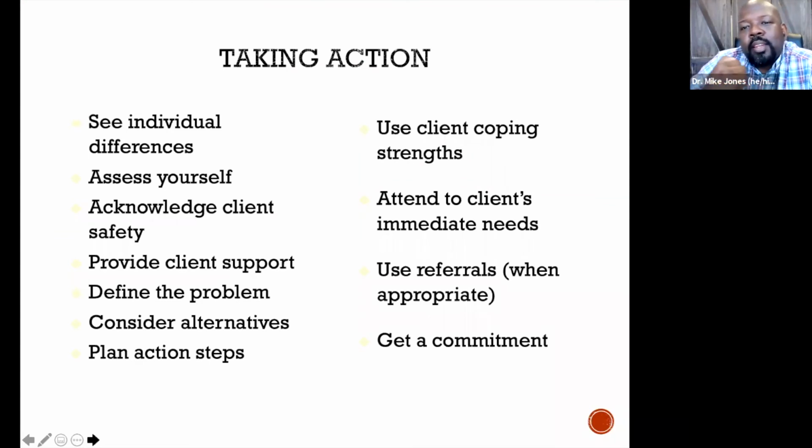One thing that can cause more damage than good in any situation is that we make assumptions about individuals based on their outside appearance, and that's never a good thing. We want to make sure that we see that person as an individual and treat them as an individual so that they can get the right type of help that they need.